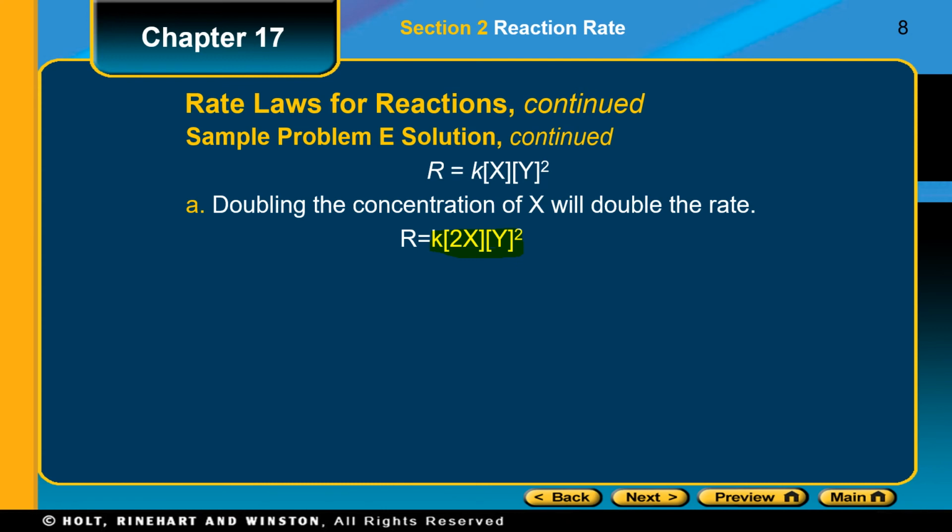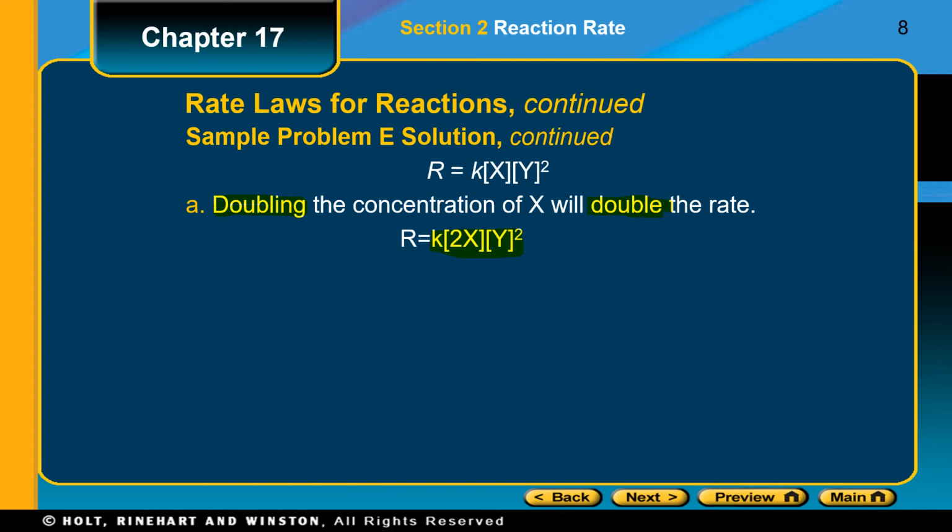This was just KXY squared. This is 2KXY squared. So that means the rate over here is going to be 2 times this. So doubling the concentration of X is going to double the rate, because this 2 right here makes it 2KXY squared.